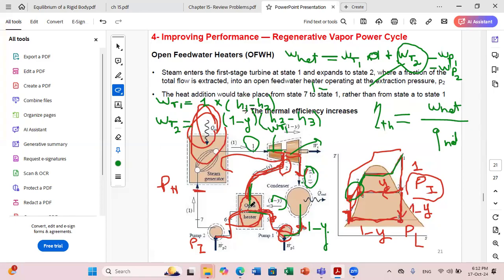When they mix together, I have Y fractions that will be added to 1 minus Y. So in pump 2, I have the total fraction of my mass flow rate, which is 1. Okay, so now when I evaluate wP1, I should multiply by the fraction: I do 1 minus Y times h exit minus h inlet, so h4 minus h3.